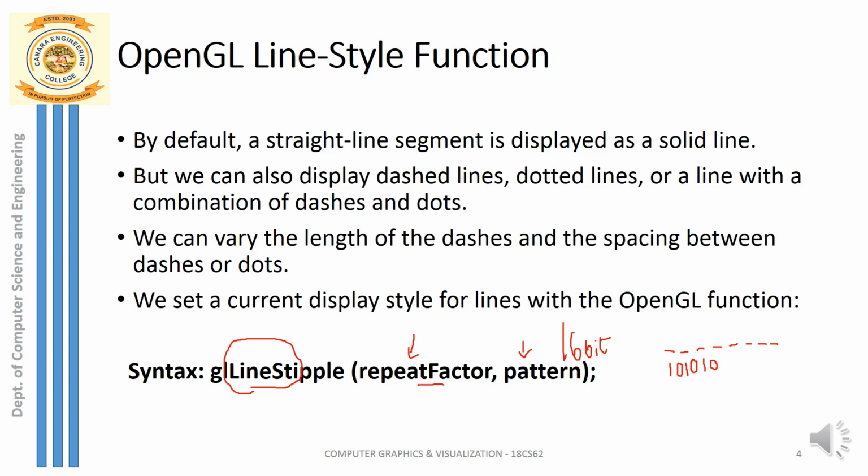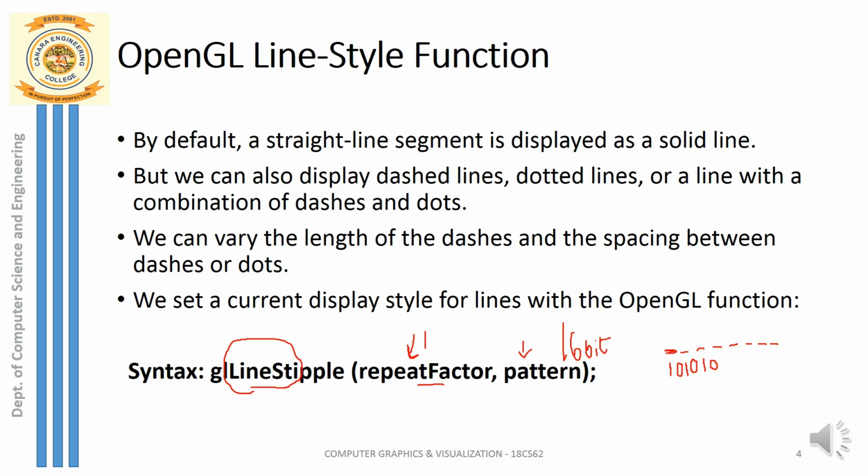So this is my pattern, a 16-bit pattern, and here is the repeat factor. What is this repeat factor? By default it is taken as 1. In this example of a dashed line, the repeat factor is 1. What is the meaning of that? The bit 1, which represents the line, is repeated once, in the sense that it is just drawn once.